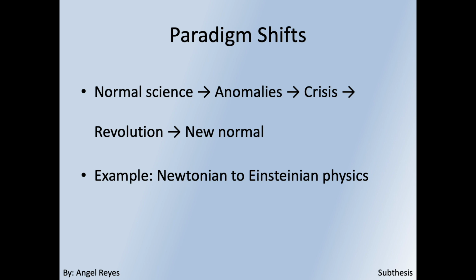This leads to crisis, followed by scientific revolution, where a new paradigm emerges. Finally, a new normal is established. A classic example is the shift from Newtonian to Einsteinian physics, where phenomena at very high speeds or strong gravitational fields couldn't be explained by Newton's laws, leading to Einstein's theories of relativity.